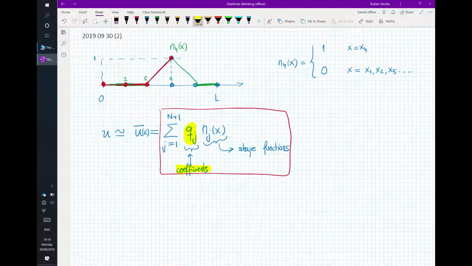As a result, you don't need to be very clever for this. The more points you put, the more accurate will be the solution. But the more coefficients you need to find. So there is a trade-off here. Right? What we are going to do for the rest of the hour is how do we find these coefficients for this particular problem. And then we will extend it to other more complicated problems.